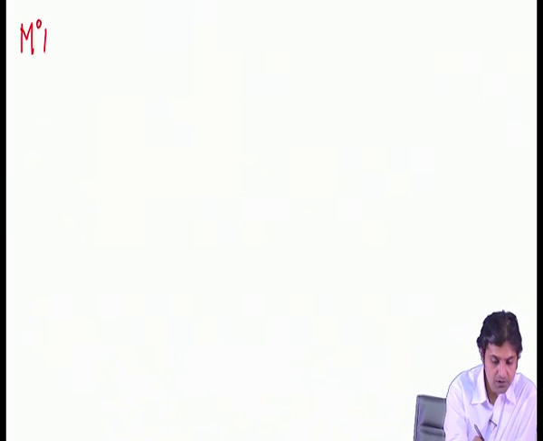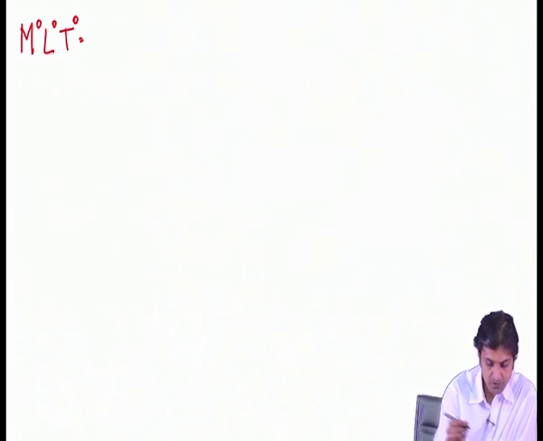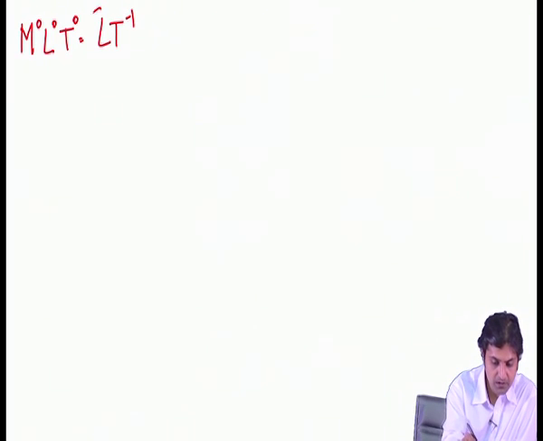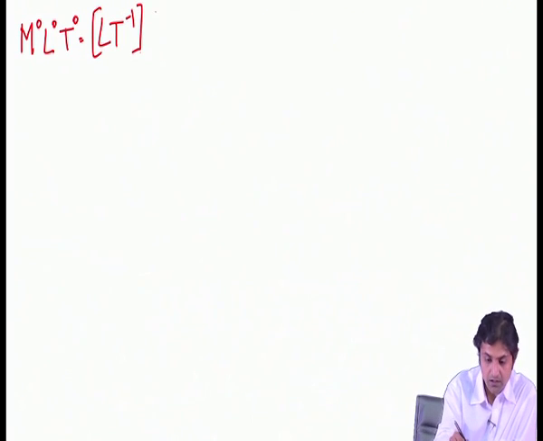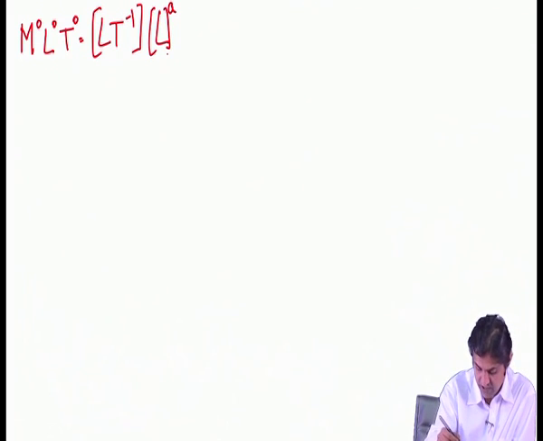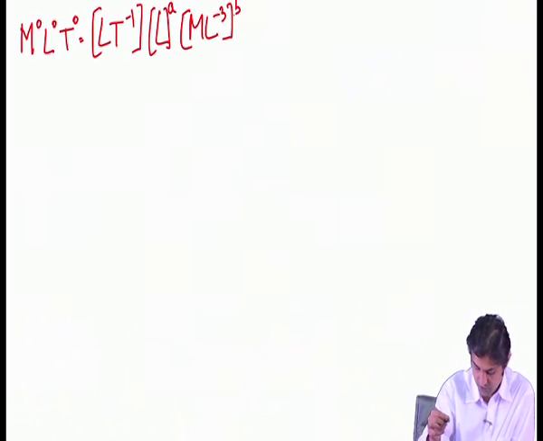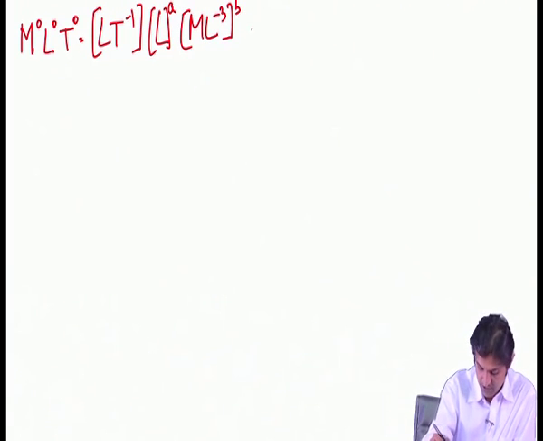Okay. So, what we write is M to the power 0, L to the power 0 and T to the power 0 is equal to LT^-1, this is because of velocity, L to the power a, this is because of d, ML^-3 to the power b because of rho f, and g is LT^-2 to the power c.